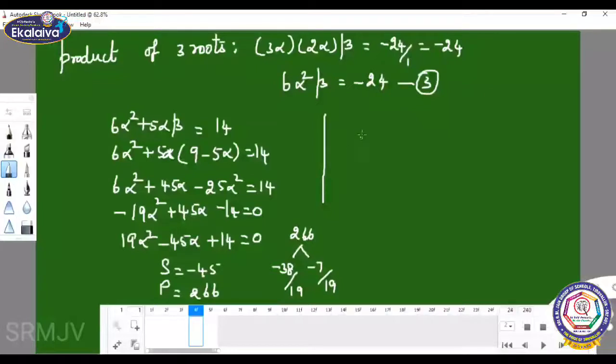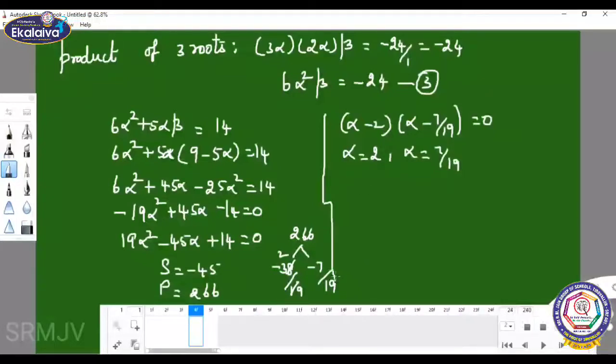Alpha minus 2 into alpha minus 7 by 19 equal to 0. Alpha equal to 2, alpha equal to 7 by 19.